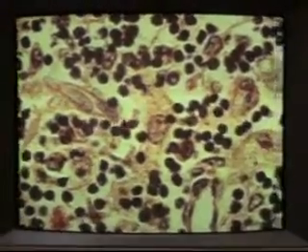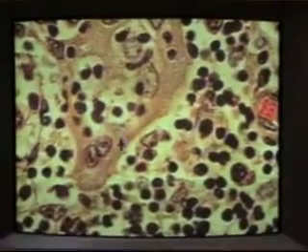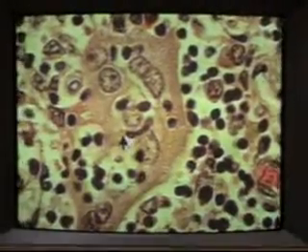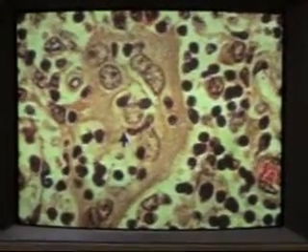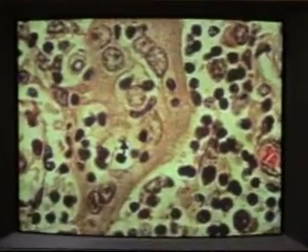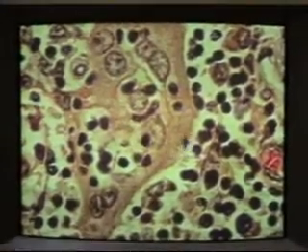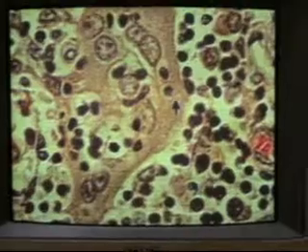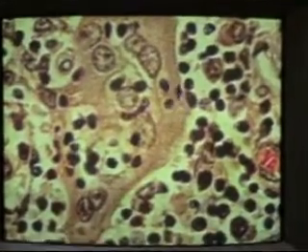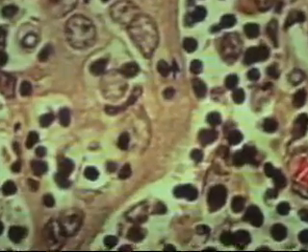Again, there still can be cells where we see lymphocytes in the cytoplasm. Maybe thymic nurse cells here. What happens here is, you see this lymphocyte, it looks like it is in the cytoplasm of that large cell.